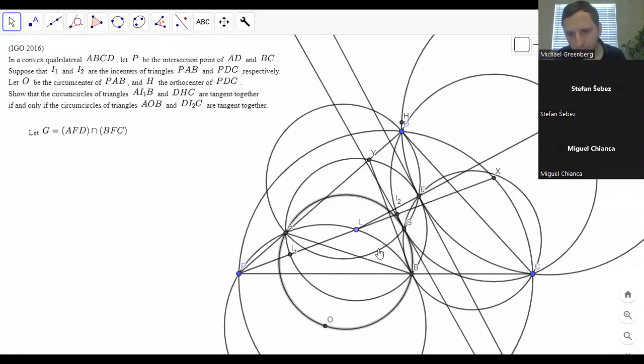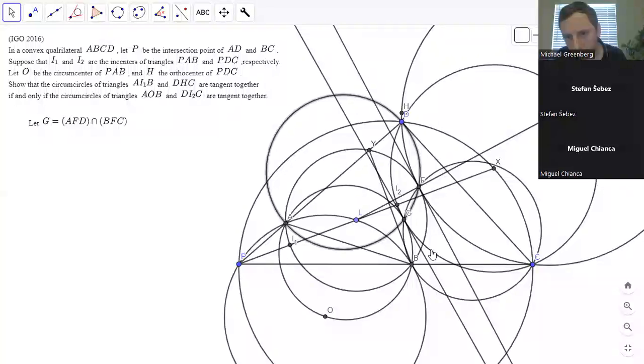so it's AFD intersect BFC. So that would be 180 minus AGF minus FGB, or 360 minus those, which is angle ADG plus angle BCF, which is 180 minus angle DGC.